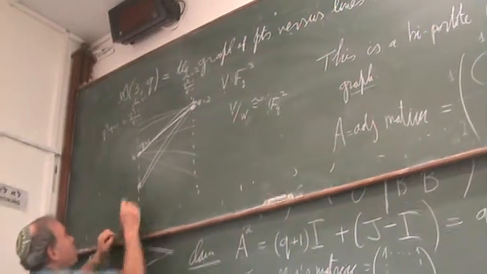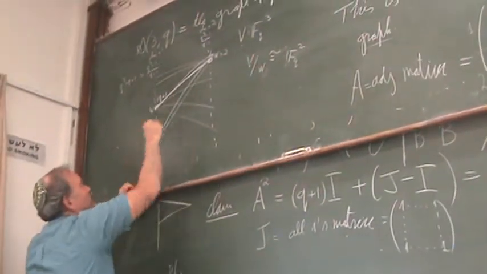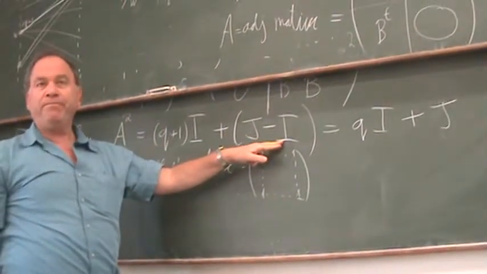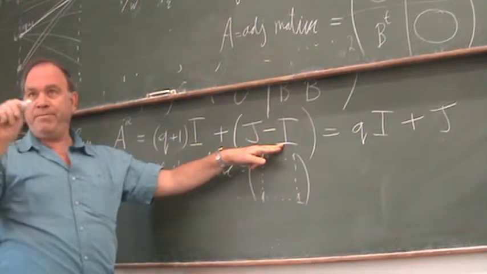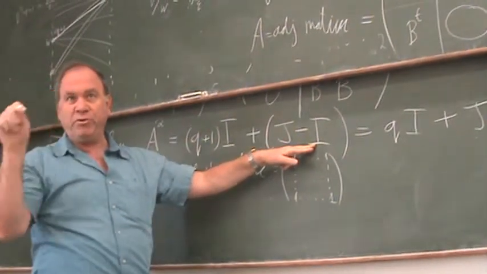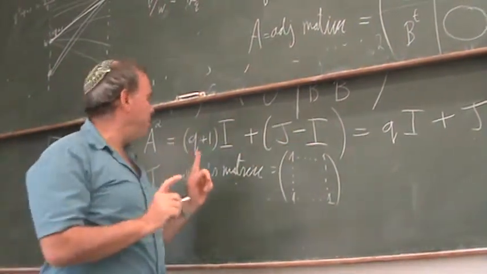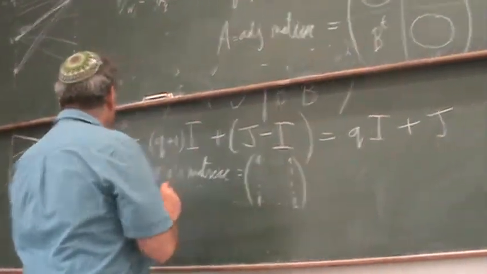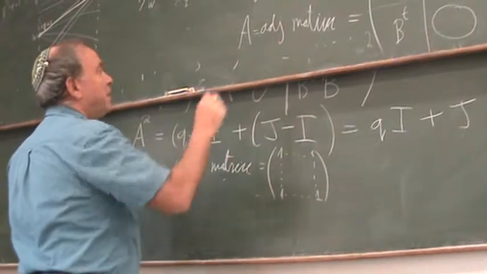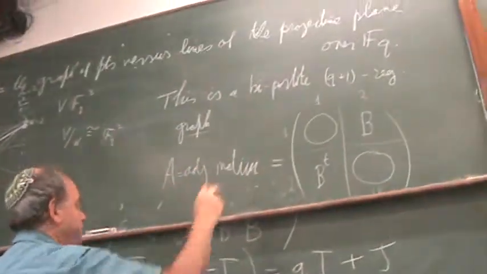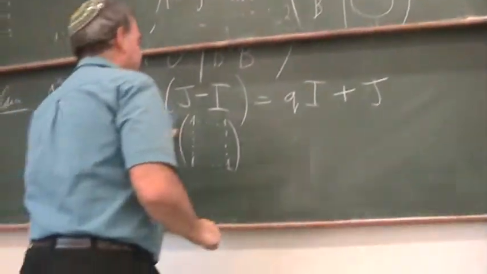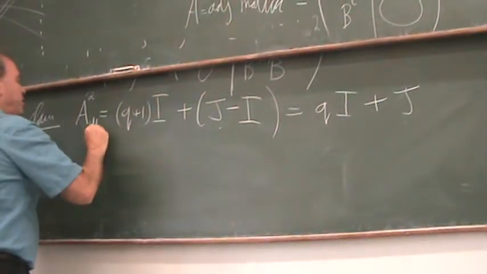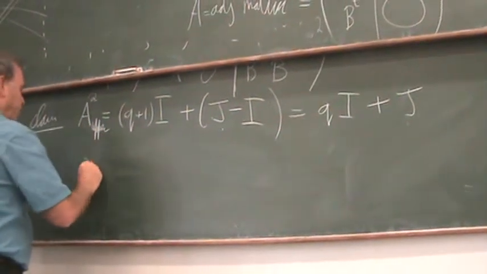So there is a unique path going between every 2 different vertices, and this gives you the matrix J minus I. Well, I'm sorry, that's not the right way to do it. I have to be careful. It's a square upper and a square lower.